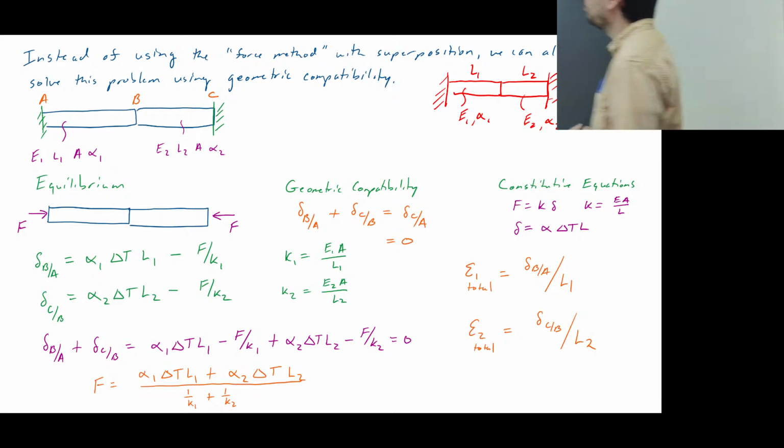Can you read that? I have a very stiff material that also happens to have a very high thermal coefficient of expansion. In this tug of war, which of these sides is going to win? They have the same length. Which direction will the middle go?